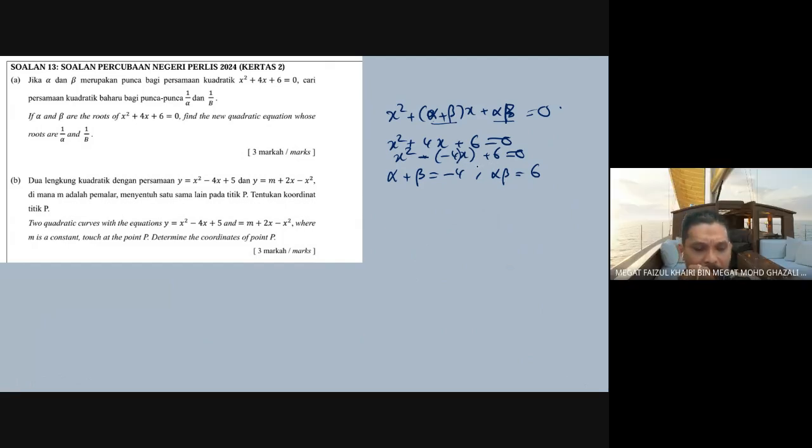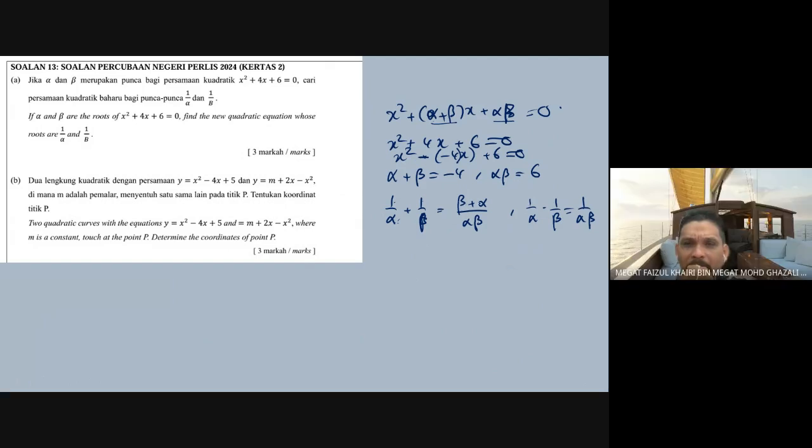Okay. So now the new sum: 1 over alpha plus 1 over beta, which is beta plus alpha divided by alpha beta, and the product, 1 over alpha times 1 over beta, equal to 1 over alpha beta.